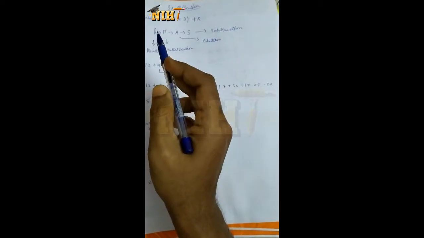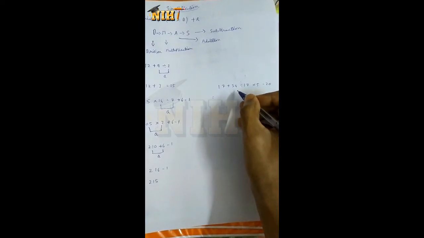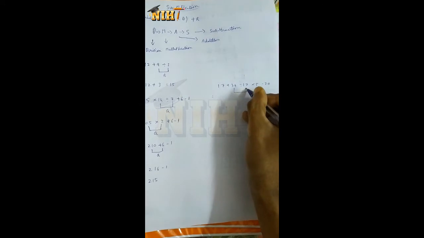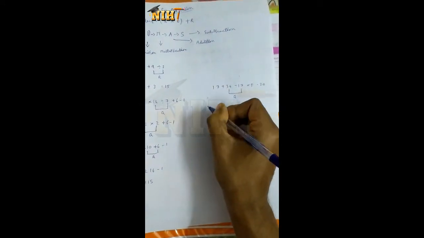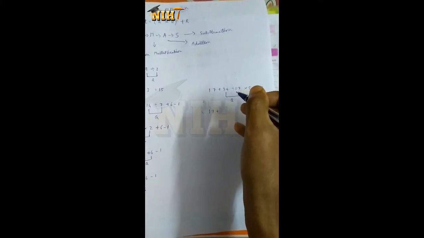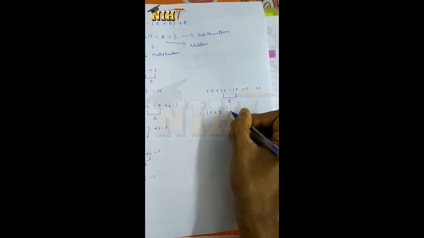Again, as D, M, A and S, D is first, so this division will be the quotient. On the next step, we'll do 17 plus 34 divided by 17 is 2, into 5 minus 20.